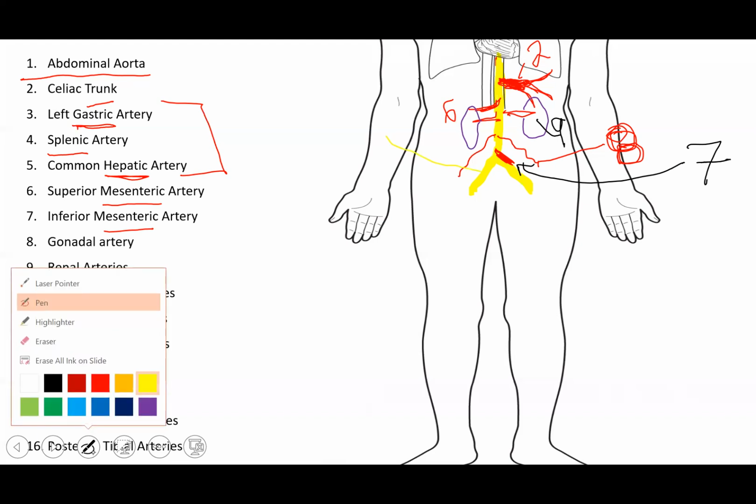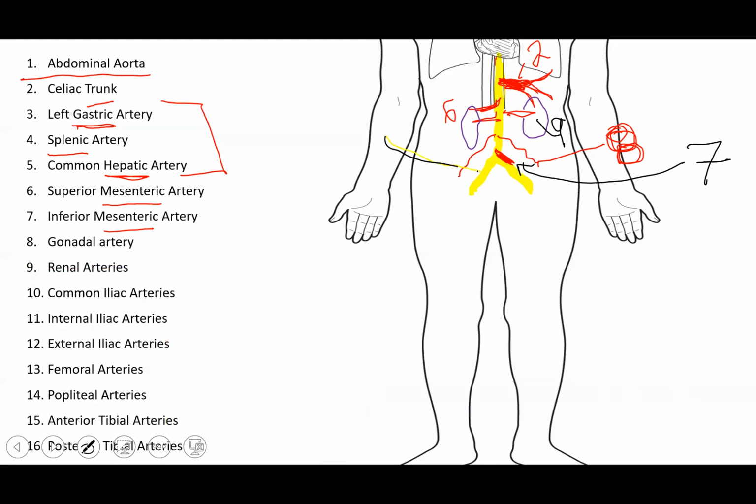The first branch here is the common iliac arteries. So number 10 here. Okay, so common indicates it's going to split into internal and external really soon. Iliac is implying that it is within the ilium, so within the hip bones.